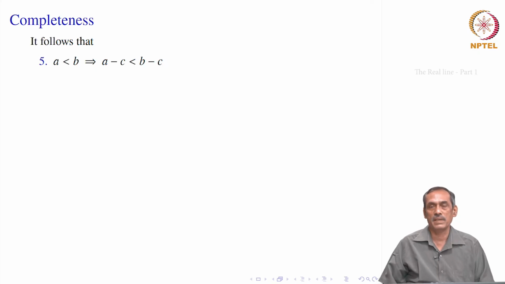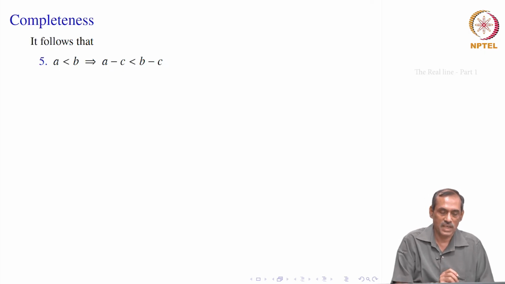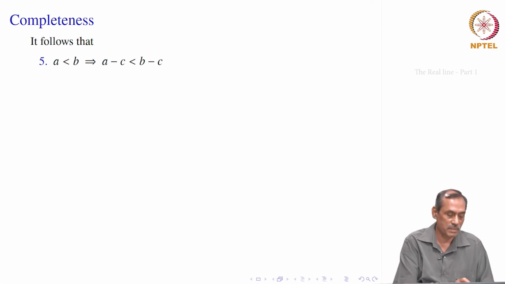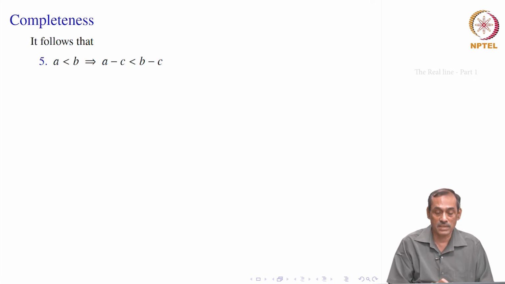That is the next property, which is the most important one and which helps really a lot to prove many theorems, which is called the completeness property of the set of real numbers. We will come to that slowly, but first let us see how these order relations are behaving. From the above properties, it will follow that if A is less than B, then A minus C is less than B minus C. So, what is the meaning of A minus C?